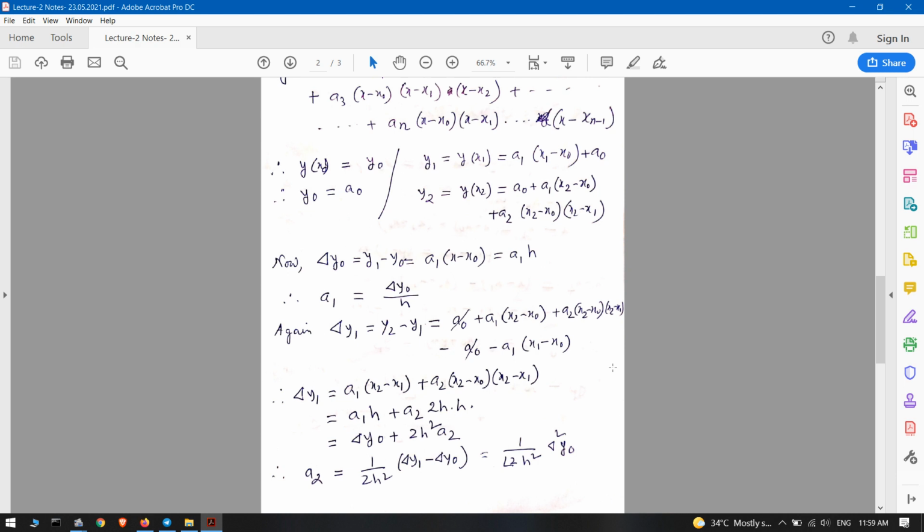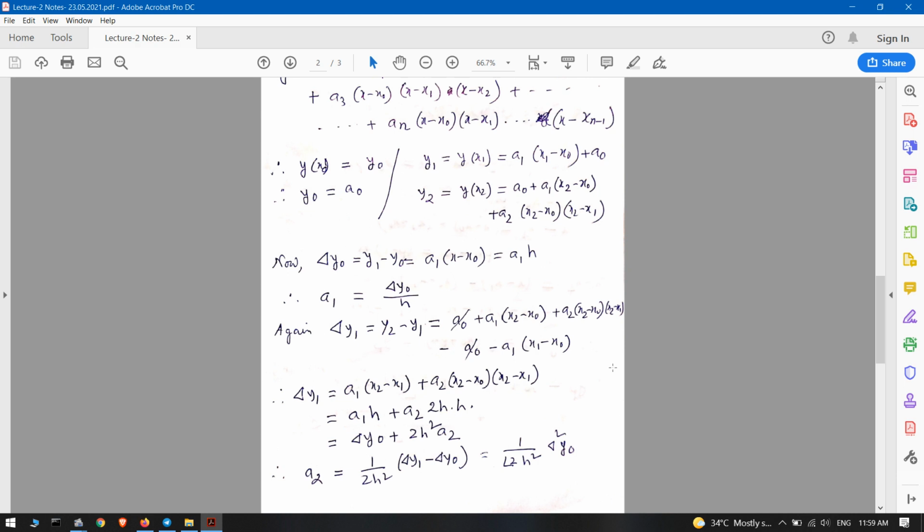So y of x naught will be a naught, and it is already given that y of x naught is y naught. So we can say that y naught equal to a naught if this expression is correct. Similarly, what will be the value of y1?